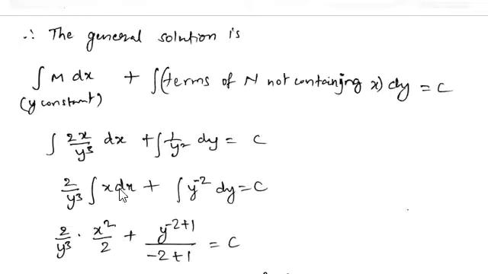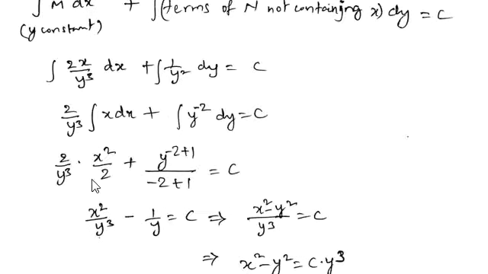We know the integration of x is x^2/2, plus y^(-2+1)/(-2+1) equals c. Here the 2 cancels, and we get x^2/y^3, minus, since -2+1 is -1, y^(-1), which is 1/y, equals c.